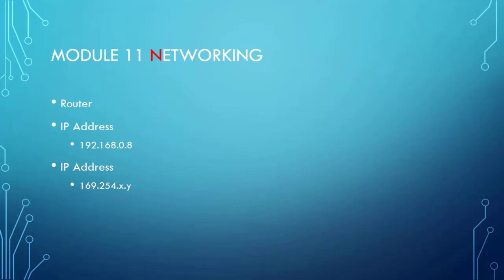Now if your IP address is 169.254.something.something, then you will not be able to access the router, and you will not be able to access the internet with those numbers. And these are issued automatically by Windows 10 when your laptop has been unable to get an IP address from the router. So we'll have a look at how you can establish what IP address you've got.